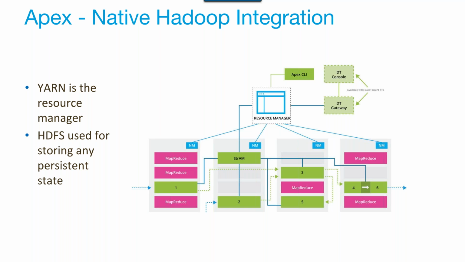The green rectangles represent the operator containers. So 1, 2, 3, 4, 5, 6 are the operator containers. And here 4 and 6 are deployed in the same container, which means these operators might be thread local or container local.